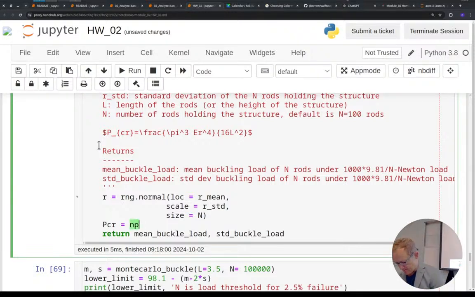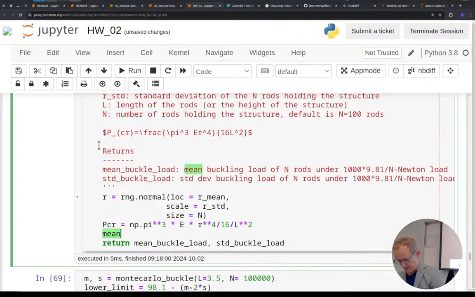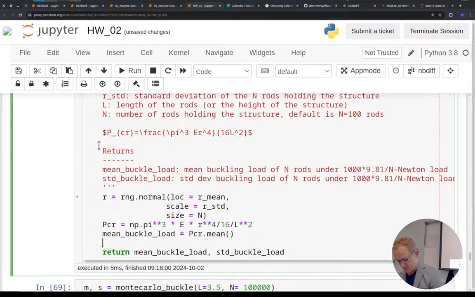So I'll say np.pi, this is why I copied it down so I'm not scrolling back and forth, times E times R to the fourth over 16 over L squared. My mean buckling load is critical load mean, and my standard deviation is going to be P critical standard deviation.